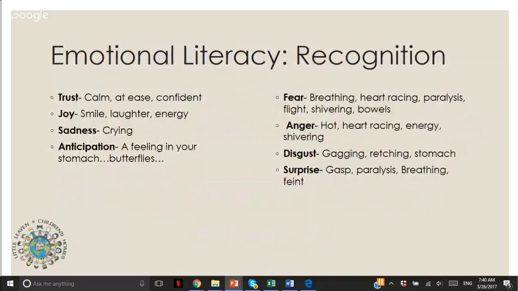Emotional literacy: recognition. It's one thing to know what the emotions are. It's another thing to recognize those emotions in yourself and in others.